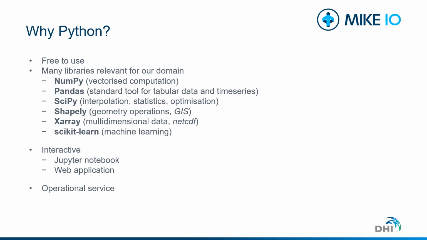Python can be used both interactively, as in a Jupyter notebook. We can make a web application, but you can also deploy it as an operational service in a script. So I think that Python is a very flexible tool and something that we would like to use together with our Mike data.